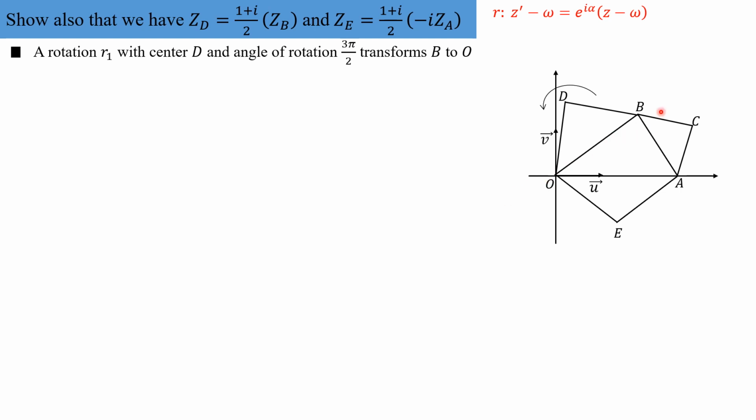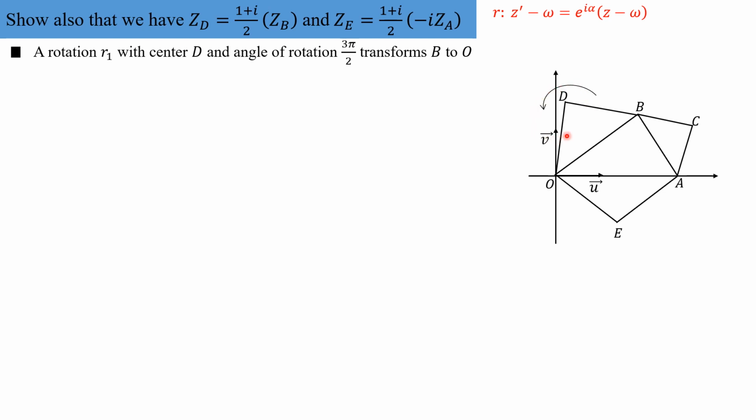Alright, so the very first thing to note is that if I am rotating in the clockwise direction, then my angle of rotation is negative. If I am rotating in the anti-clockwise direction, then my angle of rotation is positive. Now in this case, what is the angle of rotation? I am taking the point B to the point O, so it means I'm going to rotate from the line DB right up to the line OD.